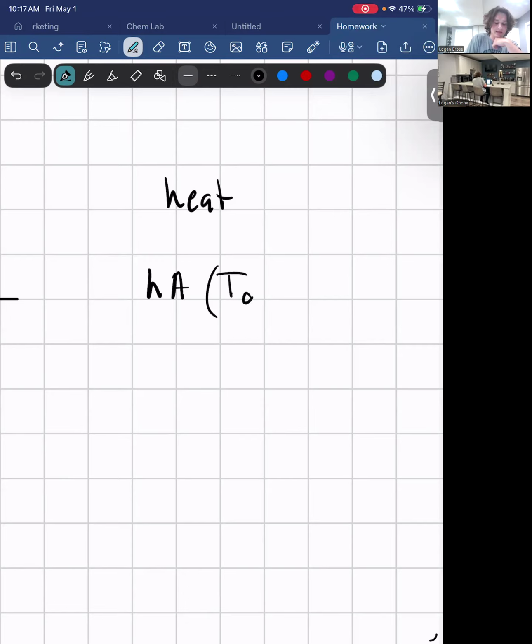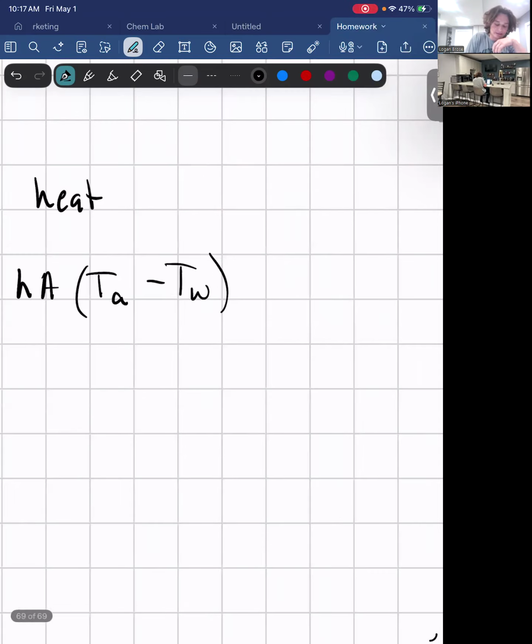So it's going to be T air, because the heat is coming from the air, minus T water. And if we look at this, this whole expression will have the units of joules per second.